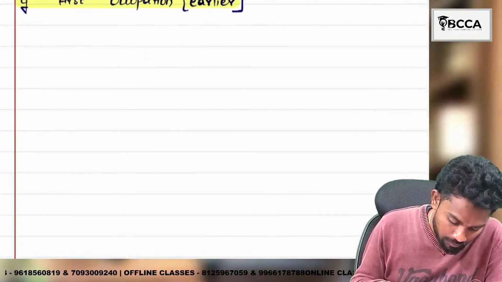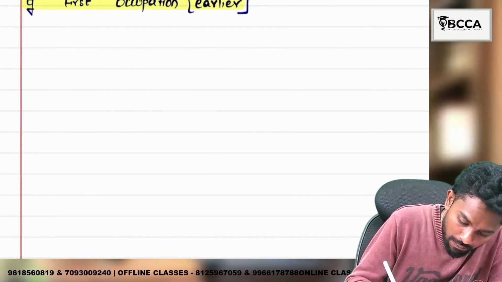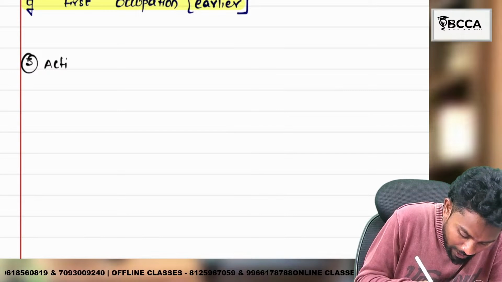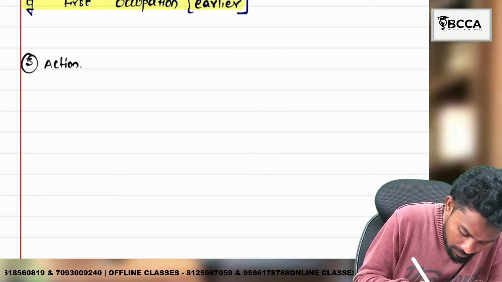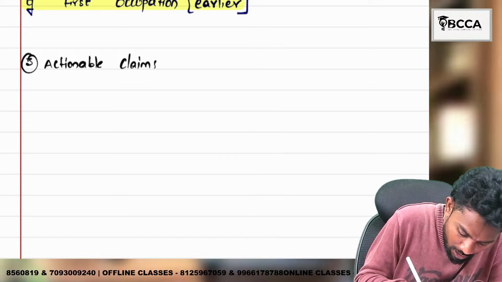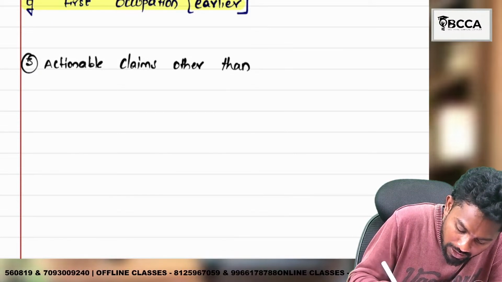Then third one in the negative list: actionable claims other than specified actionable claims.